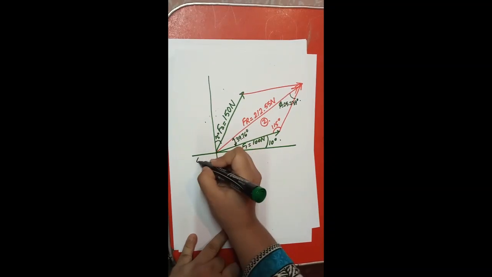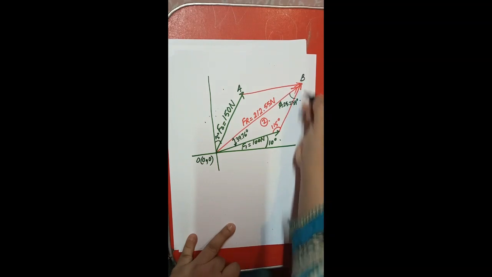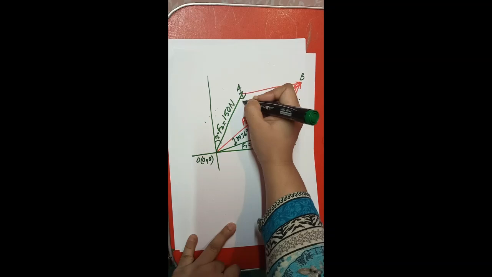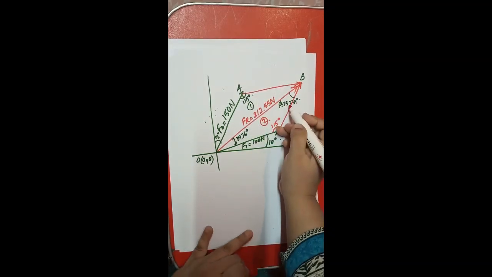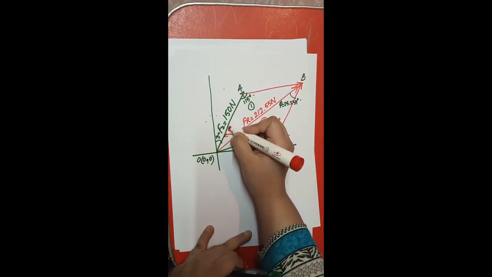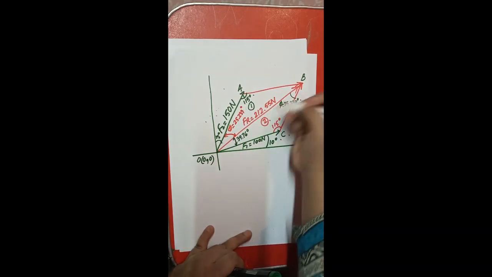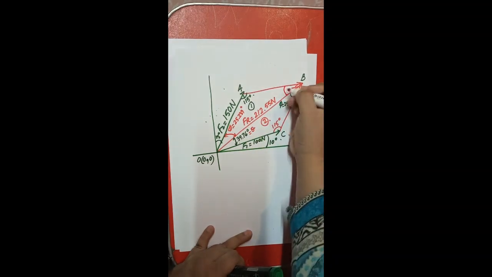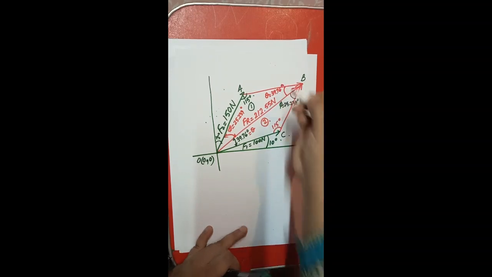This is origin O, A, B and C, triangle number 1 and triangle number 2. This one is 115 degrees. If phi is 25.239, this will also be phi, equal to 25.239, and if this one is theta, then theta is equal to 39.76 degrees.